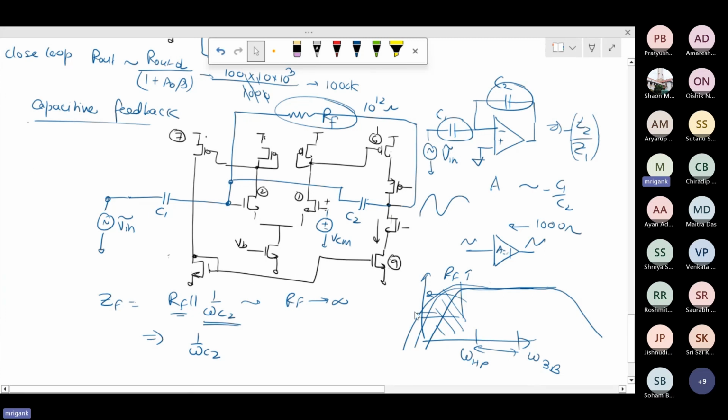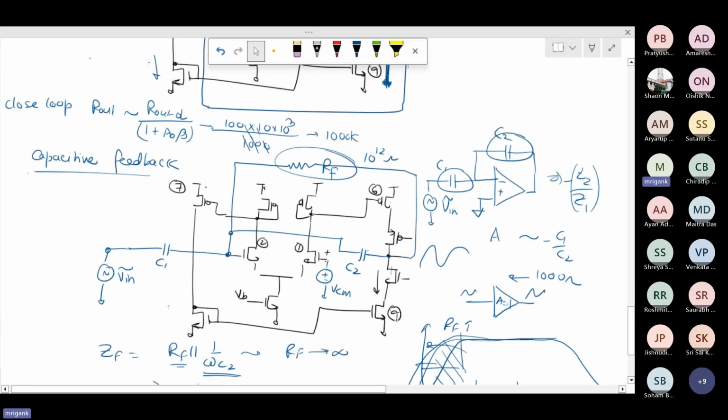You can check both frequencies. You can also analyze what happens if you use only resistive feedback because of the DC mismatch: if you have small DC mismatch, what is the effect on the output? Both these analyses you can do.